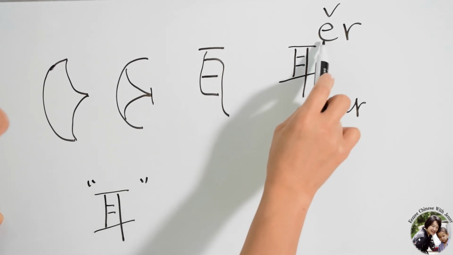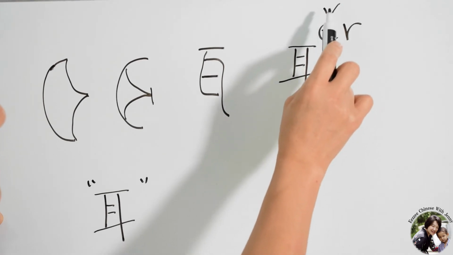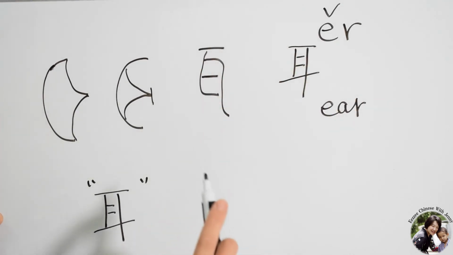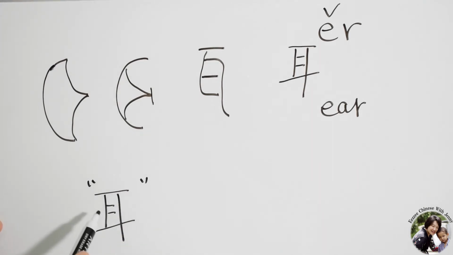The pronunciation is third tone, with your tongue slightly curved up. It means ear, and it's also a radical for many characters related to your ear.